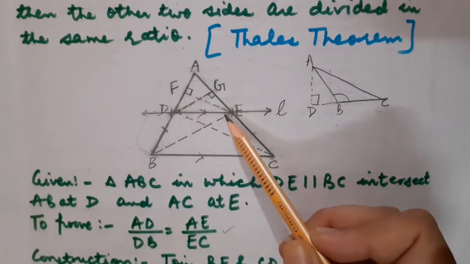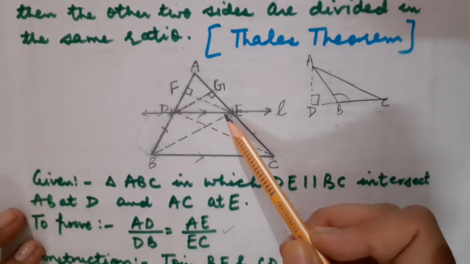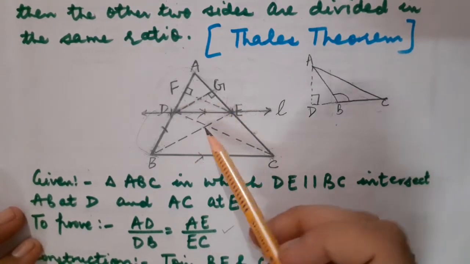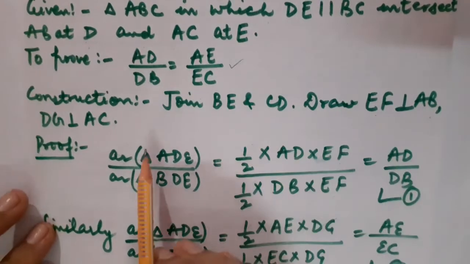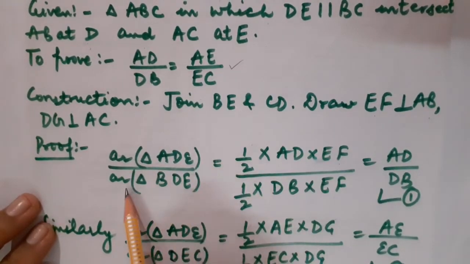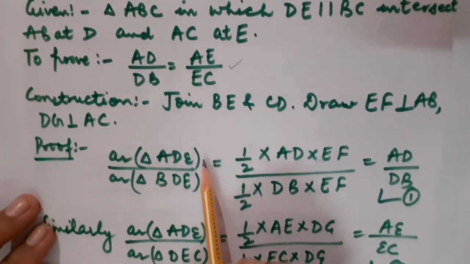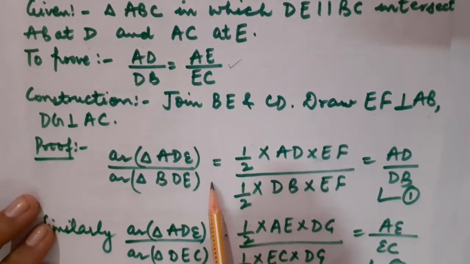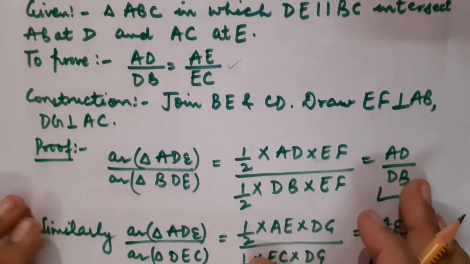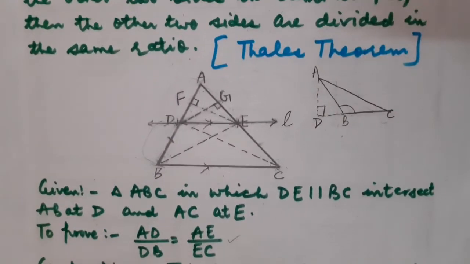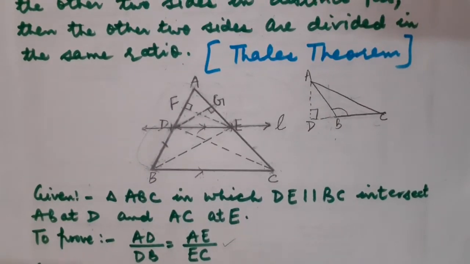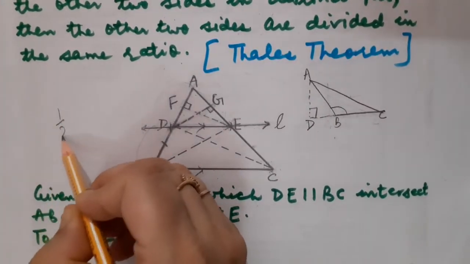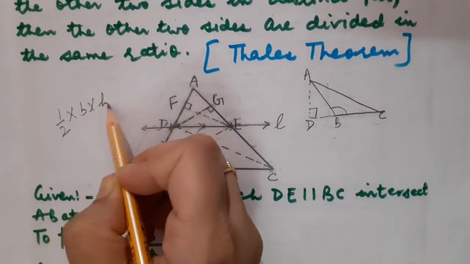Children, basically I am going to calculate the area of both of these triangles, area of triangle ADE and area of triangle BDE, and after that I will calculate their ratio. So let us recall the formula to calculate the area of a triangle, that is half into base into height.